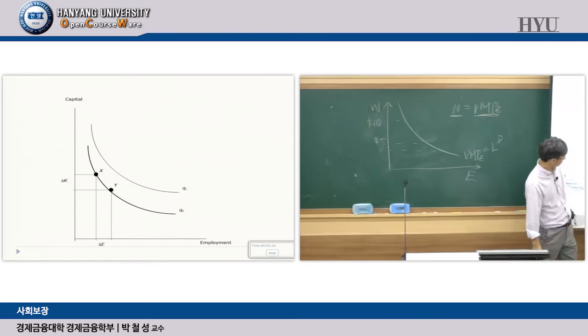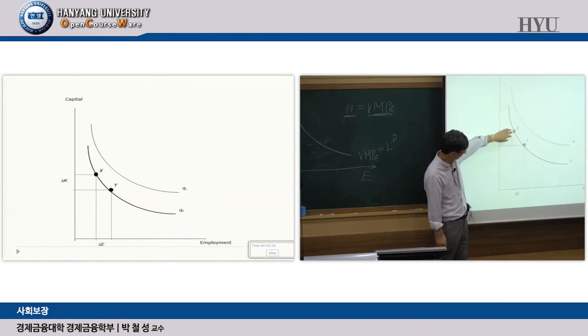So for example, you pick point X, then you have a certain amount of labor input and a certain capital input. And then you can pick other points that make the same amount of output but using different combinations.